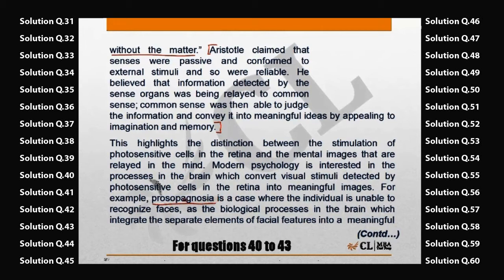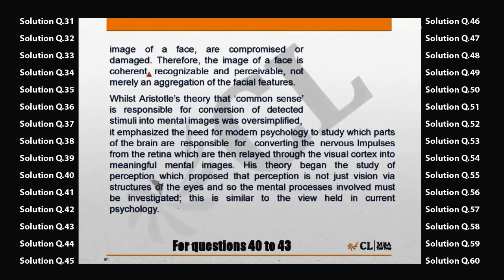For example, prosopagnosia is a case where the individual is able to recognize faces as a biological process in the brain which integrates the separate elements of facial features into a meaningful image of a face are compromised or damaged. Therefore, the image of a face is coherent, recognizable and perceivable, not merely an aggregation of the facial features.